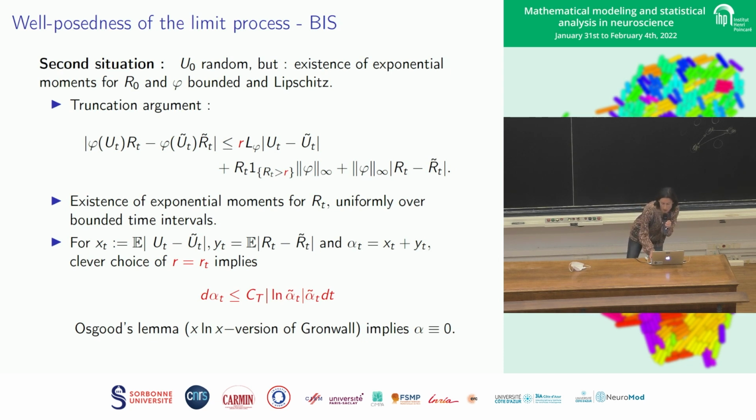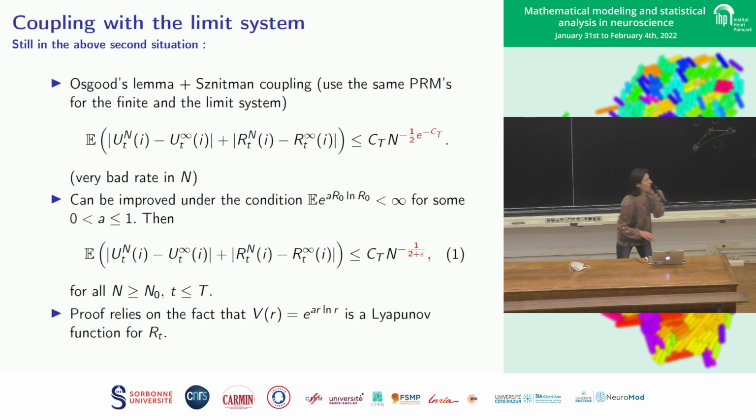And you use the same kind of arguments to show also the convergence to the limit system in this frame. So this is on this slide. It's awful, but just to tell you that.